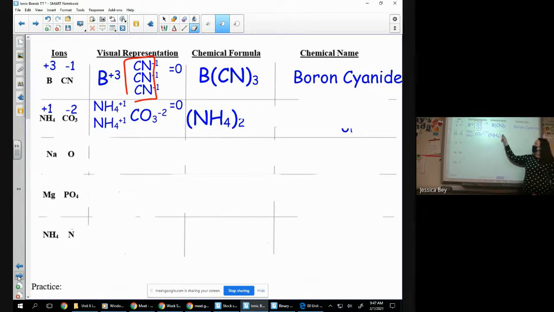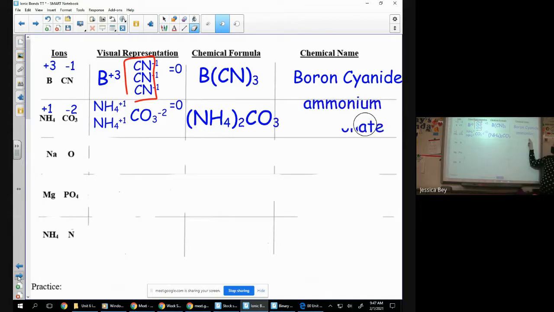How many carbonates do I need? If you need 1 of them, it doesn't need parentheses. Be sparing with your parentheses. They start to get all cluttered. And then we're just going to write the name. Ammonium carbonate.